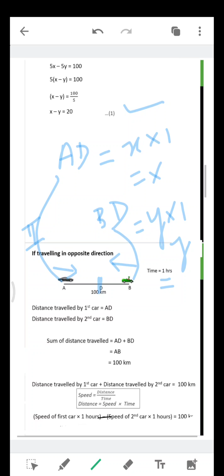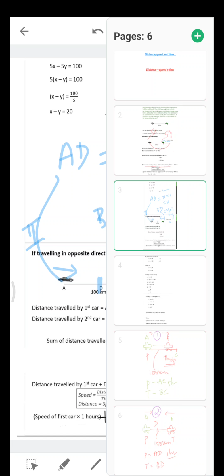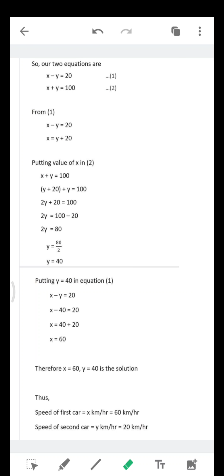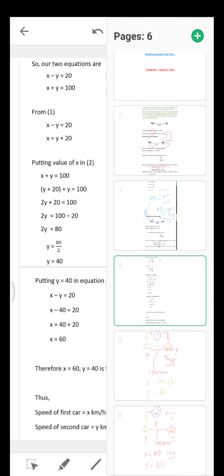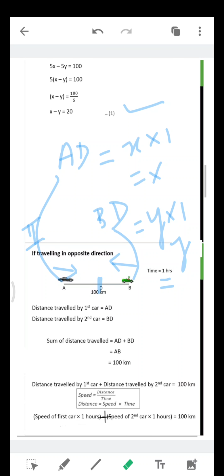So the speed of car 1 and the speed of car 2, into 1 hour. This is an extra step. If you want, you can write it, or you can directly write x plus y is equal to 100 kilometers. So our second equation is AD plus BD. Here we add AD and BD and we get x plus y is equal to 100 kilometers.